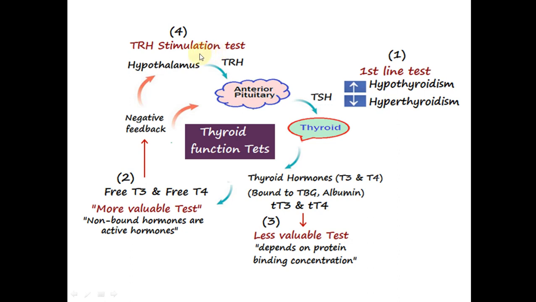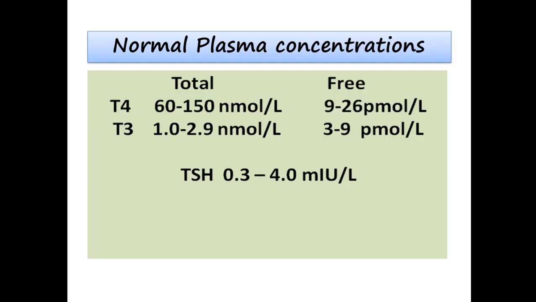And particularly in hypothyroidism, if the administered TRH succeeds to stimulate the pituitary to cause the release of TSH, then the disorder will be in the hypothalamus, and if it fails to do so, the problem will be in the pituitary gland. The normal free level of T4 is 9 to 26 picomoles per liter, while that for the T3 is 3 to 9 picomoles per liter.